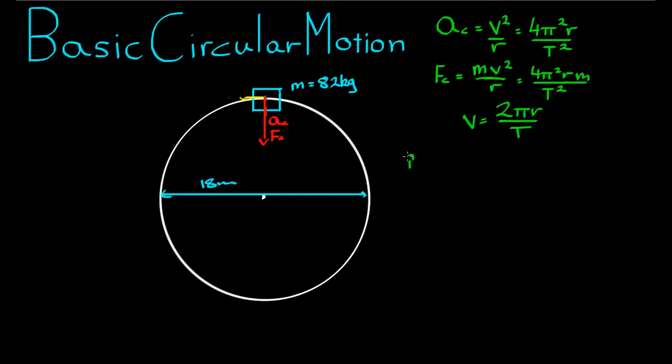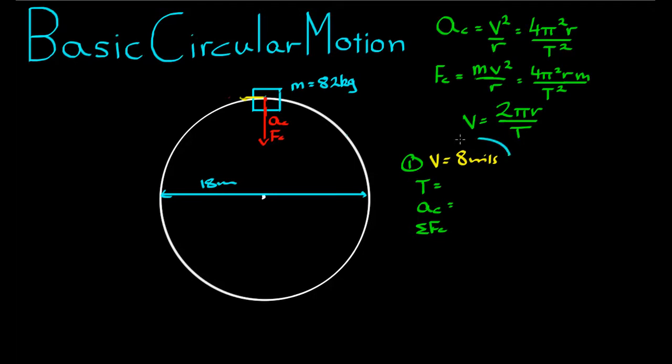Question 1 will give the velocity as 8 meters per second. And our goal will be to figure out the period, the time it takes them to move around one full circle, the centripetal acceleration, and then the net force on the skateboarder and the board.